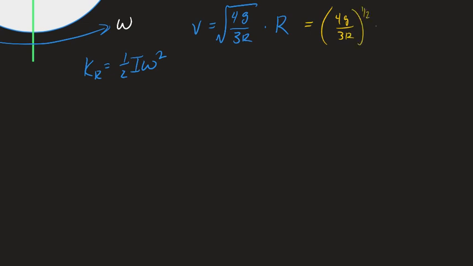I'm going to write r as r squared to the 1/2 power. Fine. That's still just r, right? So I have it squared, but I have it inside. Now, because I have these two parentheses with the same exponent, I can combine the two parentheses together, and I'll get 4g over 3r times r squared to the 1/2 power.